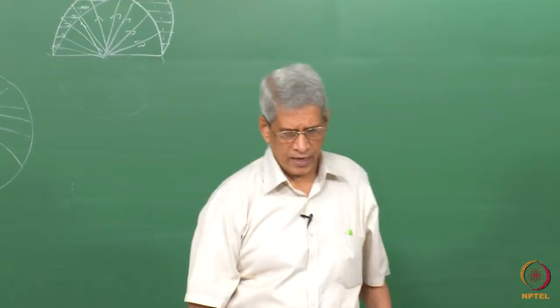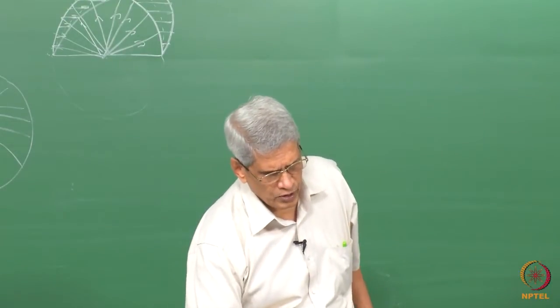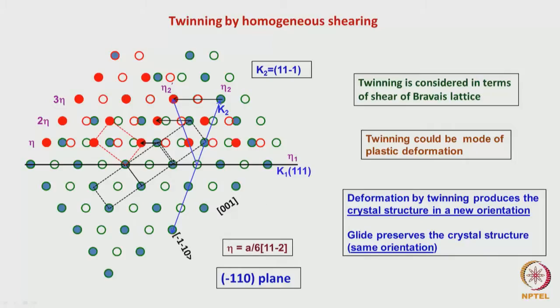Another point is that by this homogeneous deformation which we have introduced here, we have generated one orientation and another orientation of the crystal, correct? And these two are related by a symmetry operation. Here, across this plane, it is a mirror reflection.